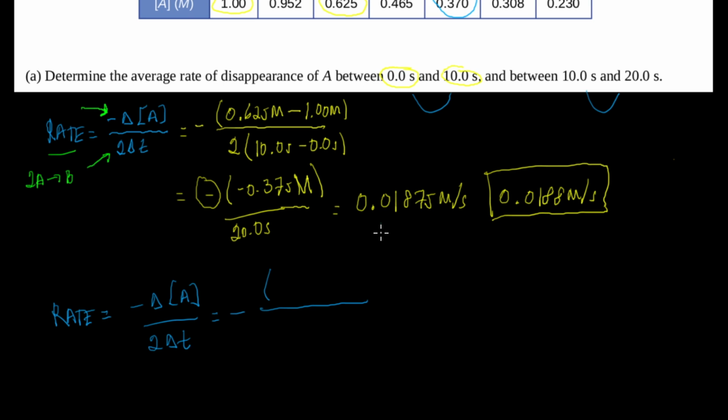The final concentration is 0.370 molarity, and at a time of 10 seconds the concentration is 0.625 molar, and all of that's going to be divided by 2 times the change in time. The time changes from a final time of 20 seconds and the initial time is 10 seconds.